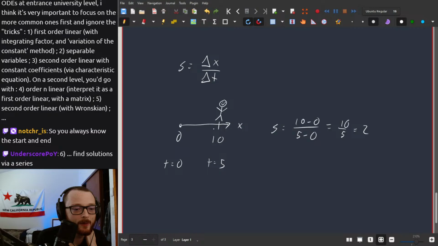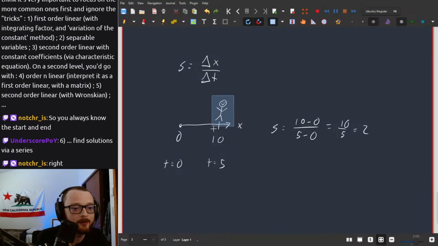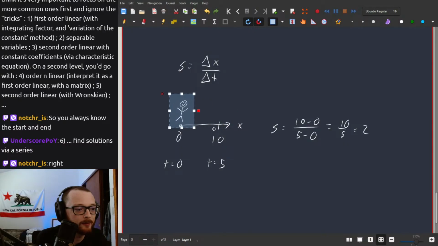And so this is a simple case where I'm running at the same speed for this entire time. But what if I started slow and then I sped up and then I slowed down again, or something weird like that?